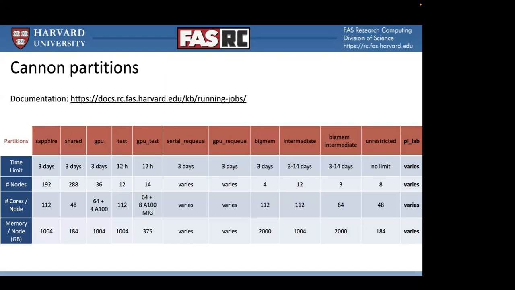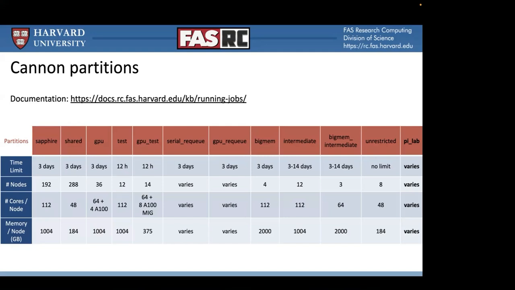The requeue partitions are the only partitions in which you have to worry about your job getting stopped and started somewhere else. None of the other partitions do that. The nice thing about these requeue partitions is that they charge really low fair share, which we'll get into in a second.